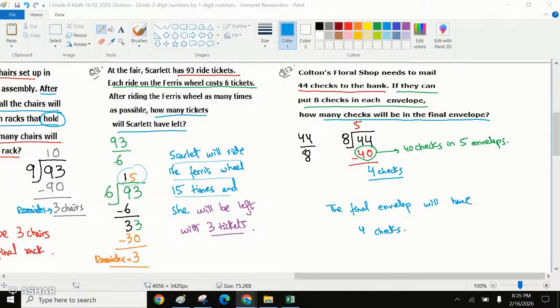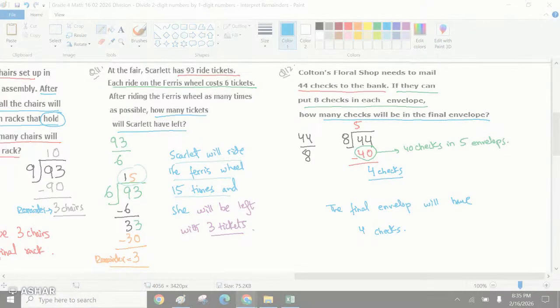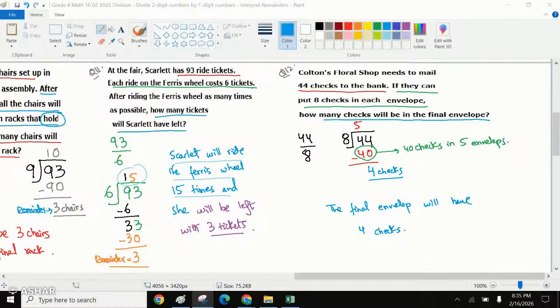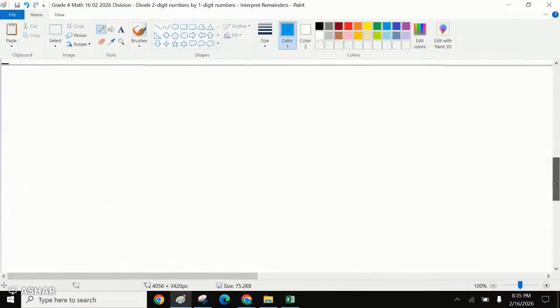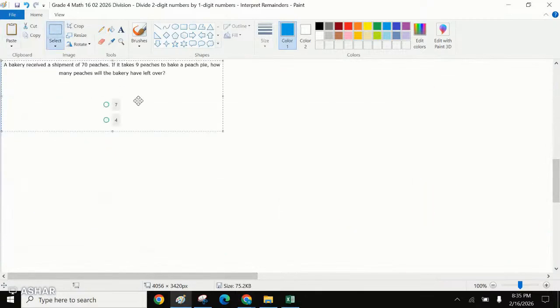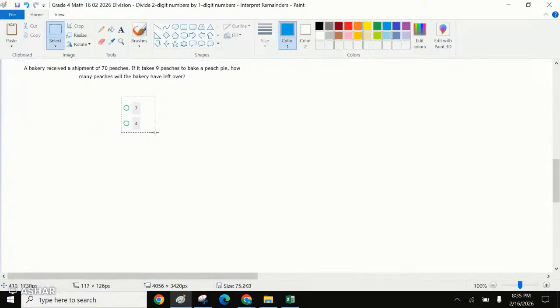The first question says, sorry, just a moment. Okay. So the first question from the test gives us this information. Okay, I'll just realign, resize so that it's easier to read.